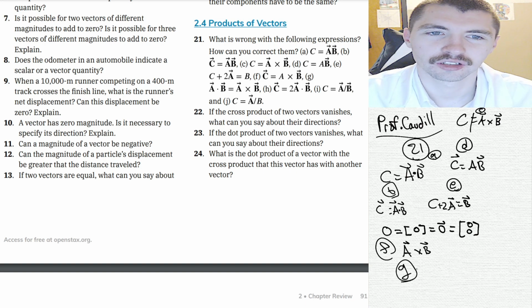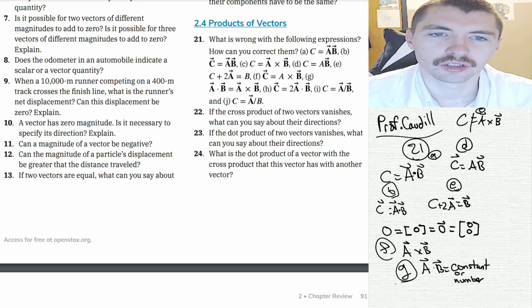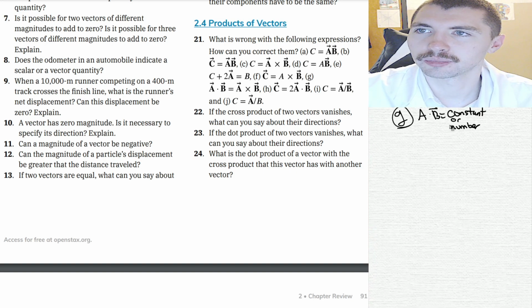G, A dot B equals a vector, which is not a vector. It should be a constant or number. Okay, G, let's scroll up.